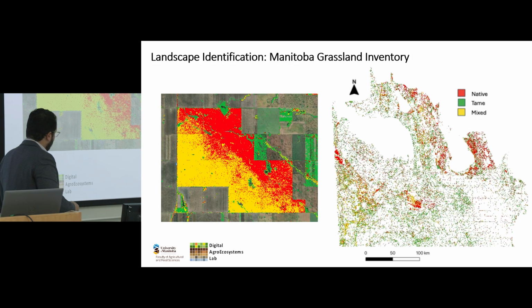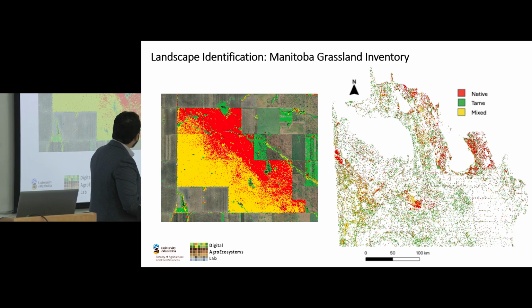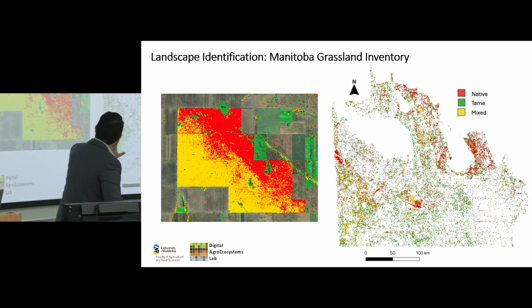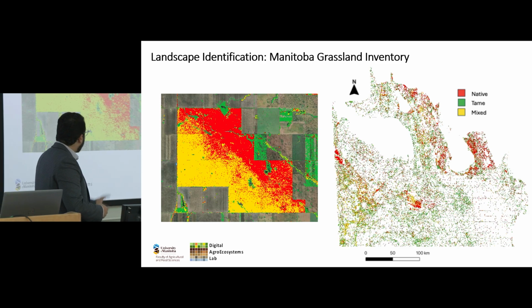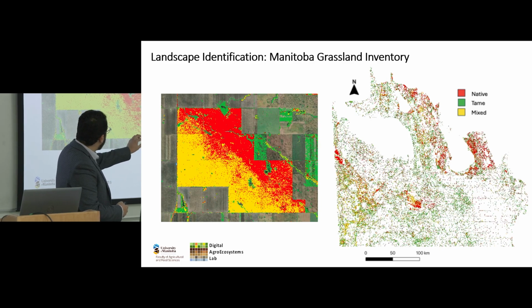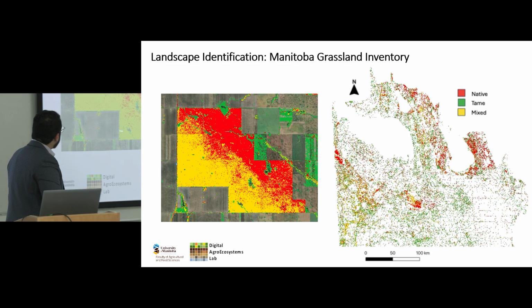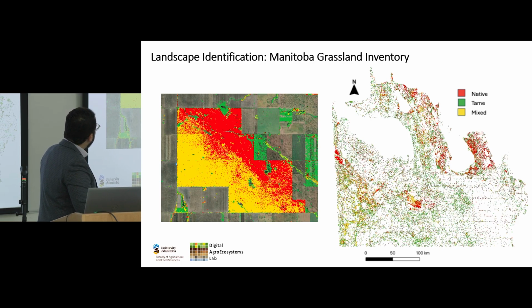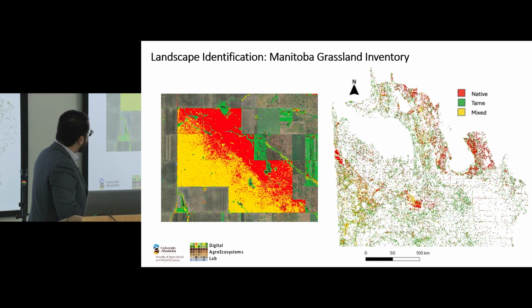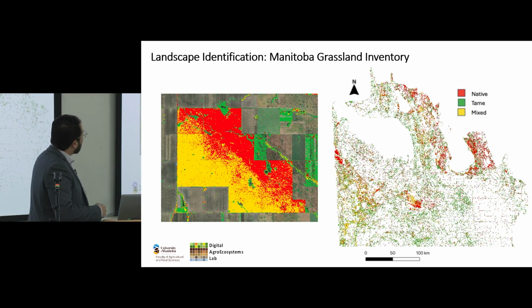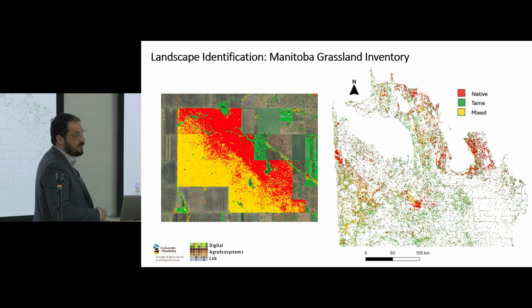At the end, believe me, the image should look better than this. It has much more detail, and probably this is the problem. It is a 10-meter pixel size, but you could see here a clear indication of how the invasive or mixed grassland is encroaching toward a native grassland.